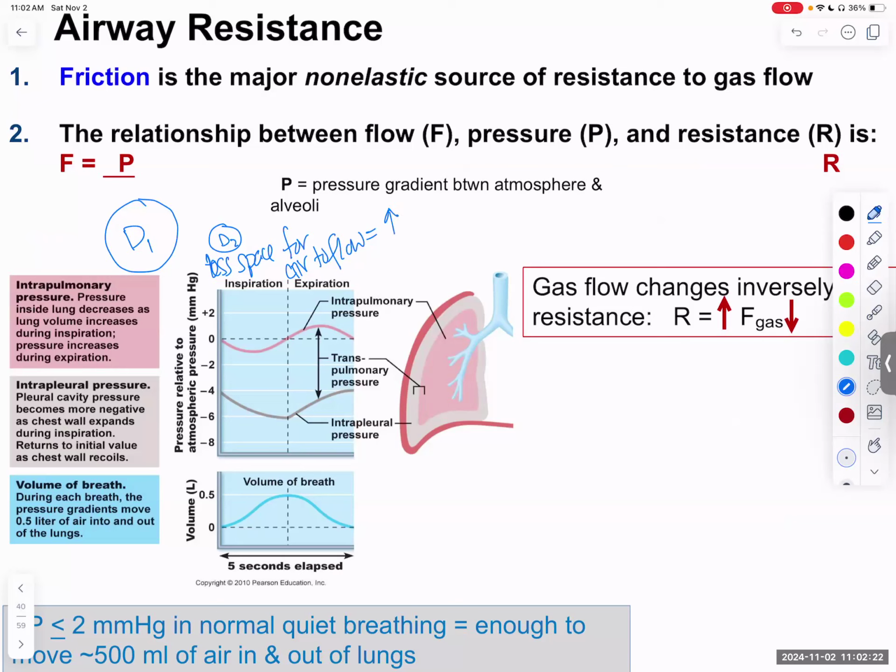And that is going to increase the friction, which is basically an increase in resistance to flow. So that's going to bring down airflow. As resistance goes up, gas flow goes down.